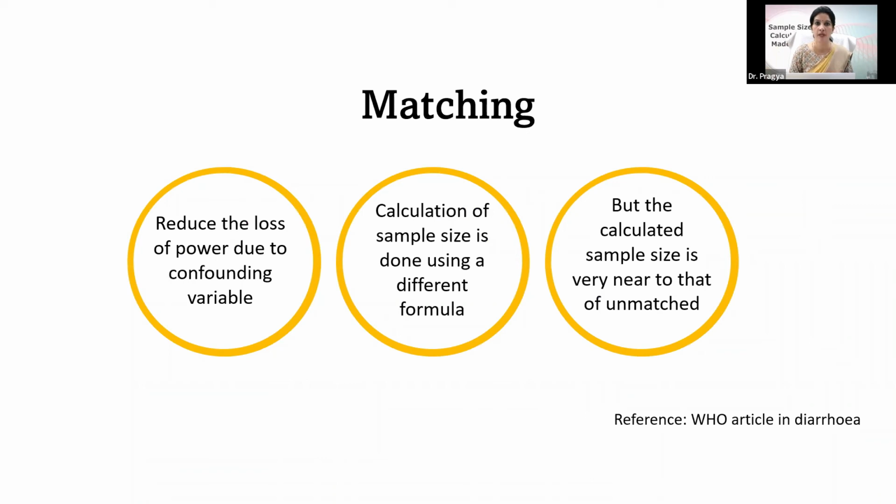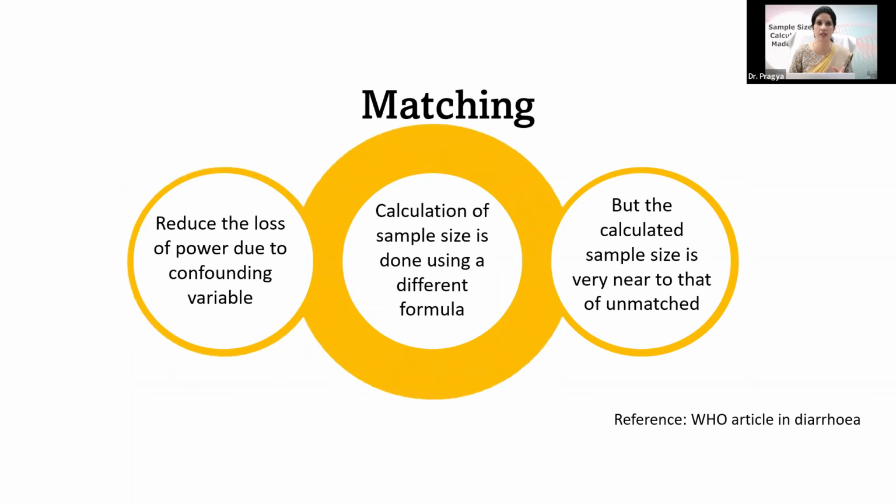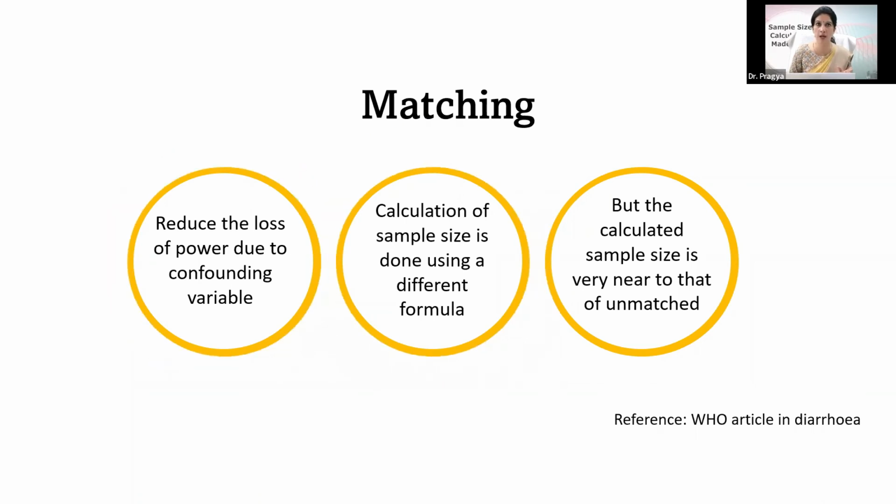Because if you don't match, there is a loss of power due to confounding variables. The calculation of sample size for a matched case control study is done using a different formula, but it is very similar to the unmatched case control study.